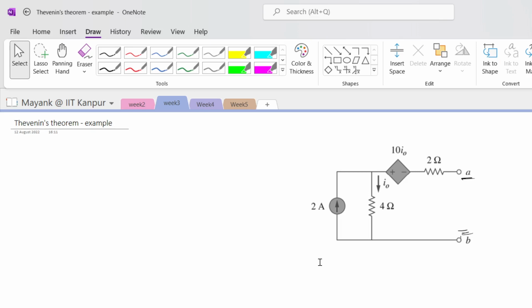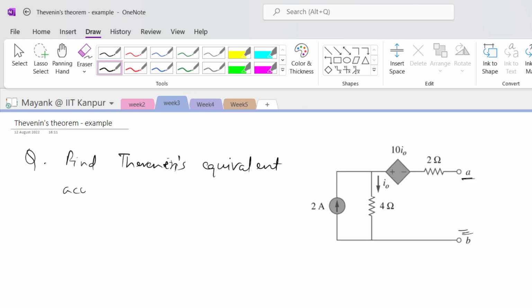Okay, fine. So I will be discussing this question now. So in this question the question is, find Thevenin's equivalent across terminals A and B. Fine.